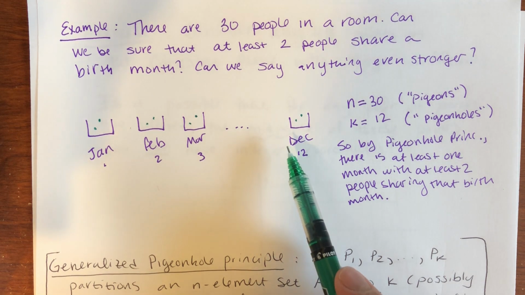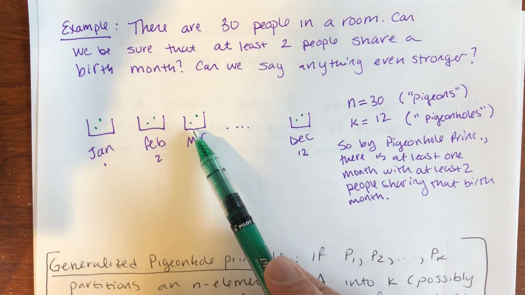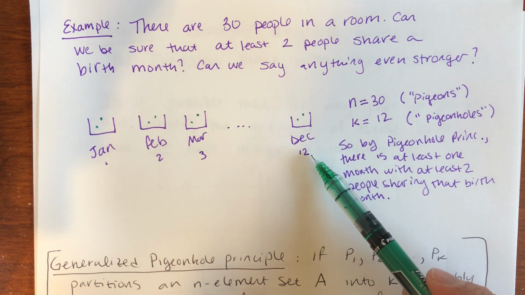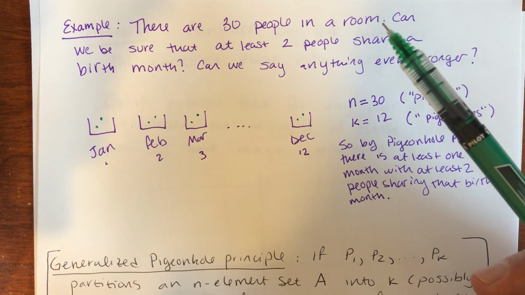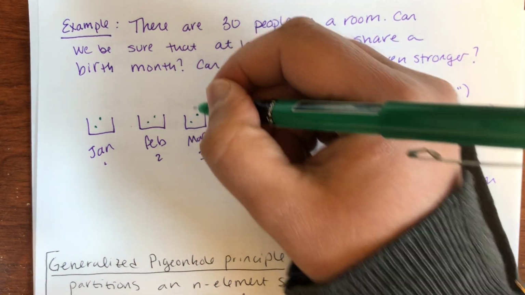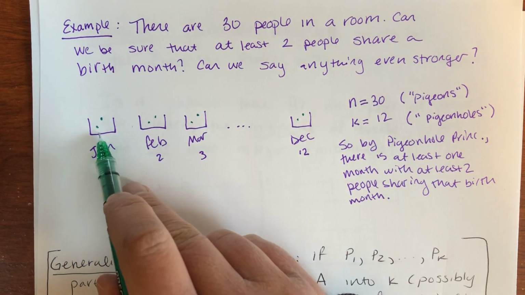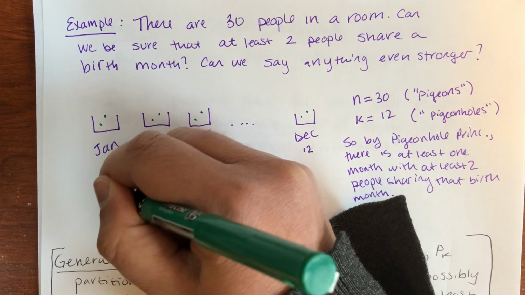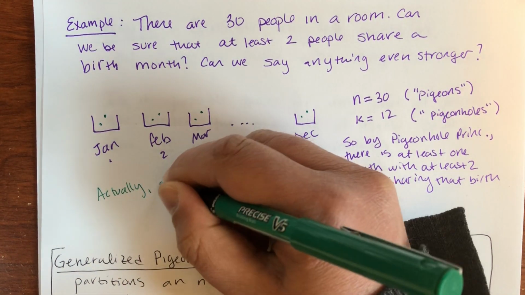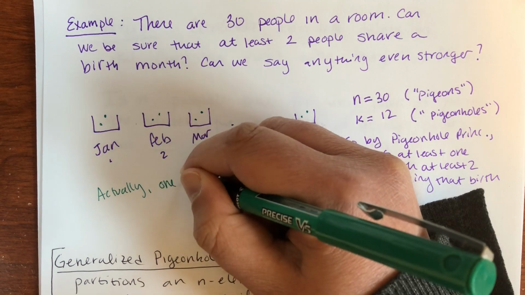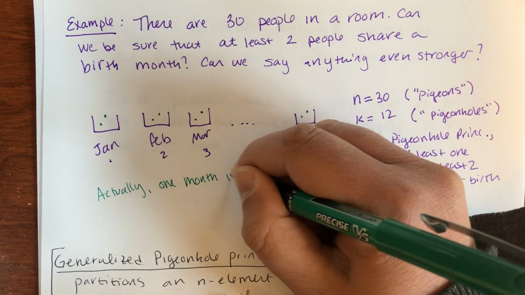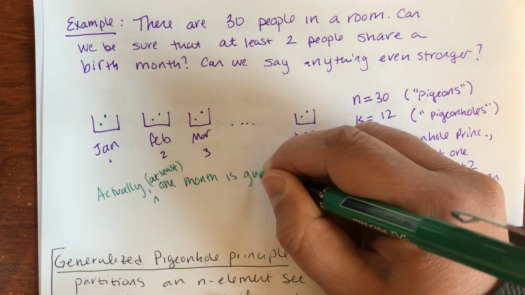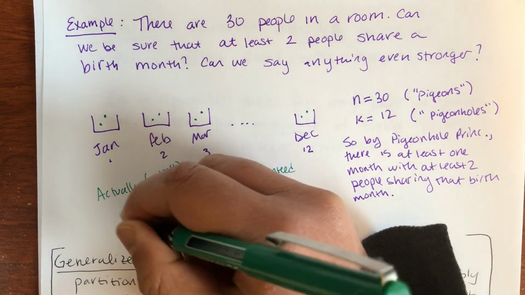Right, there's no possible way that we could have 2 or fewer people in every single birth month, because that would only account for 24 people, and there's 30 people altogether. So once we hit that 25th person, they're going to have to go into one of these that already is all filled up. And so we actually know that there's at least 1 month which is guaranteed to have 3 or more people in it.